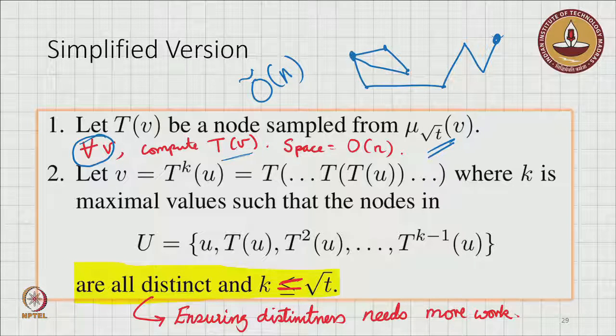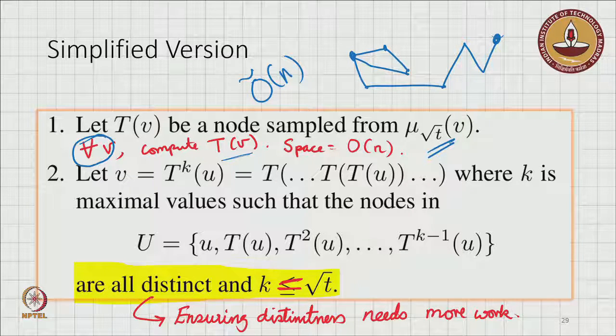With just constant space, we can do one random walk starting at one of the vertices, but since we have O of n space, we can actually do n parallel random walks, and for each one of them we do it for square root of t passes. So for each one you'll get a square root of t length random walk.